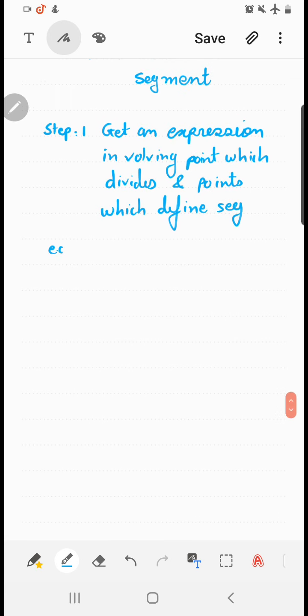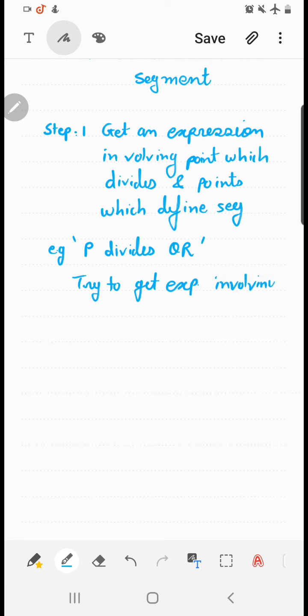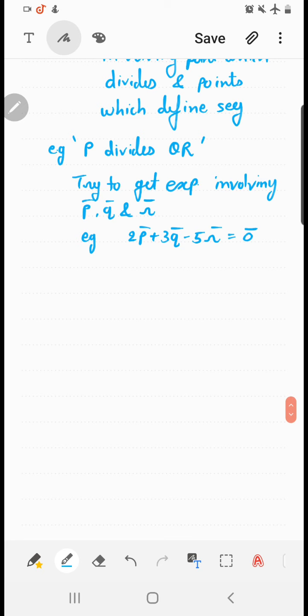Let's say, for example, if I see P divides QR, this is the statement you find in the question. Then in step number 1, try to get an expression involving P bar, Q bar and R bar. Now most of the time this expression would be ready. If not, then we develop it. So let's take an example. We have something like this: 2P bar plus 3Q bar minus 5R bar is equal to 0 bar. Something like this would be given to you.